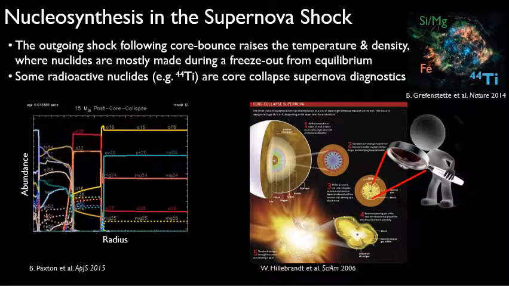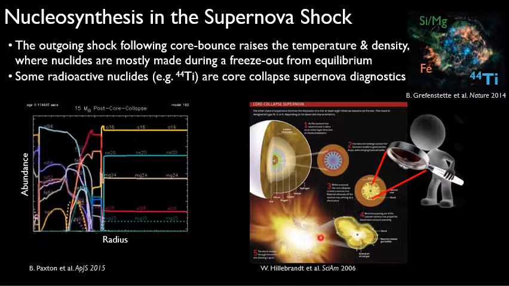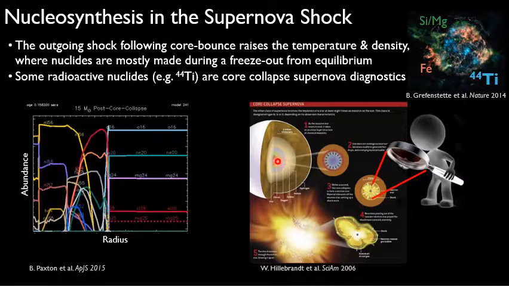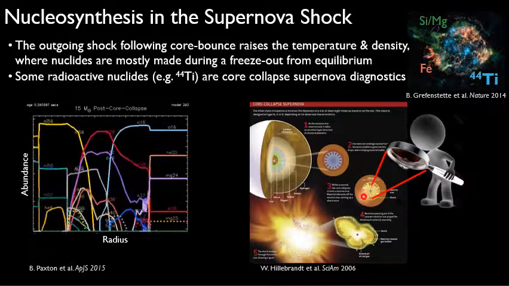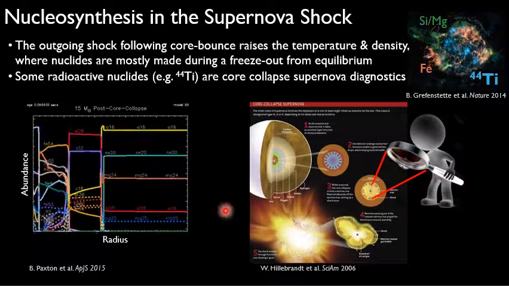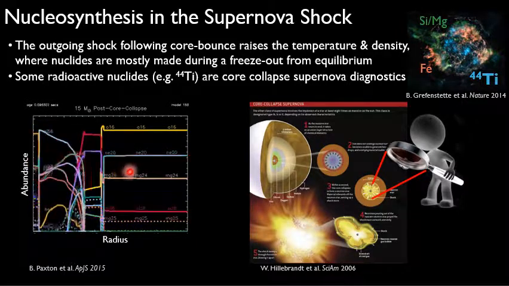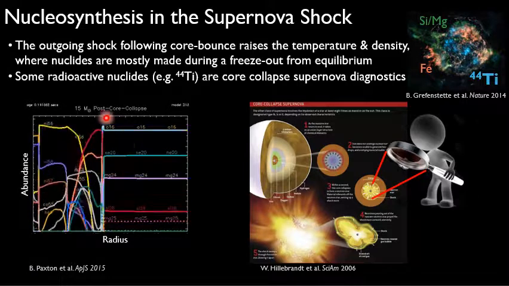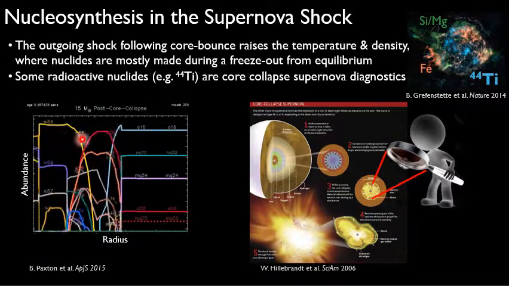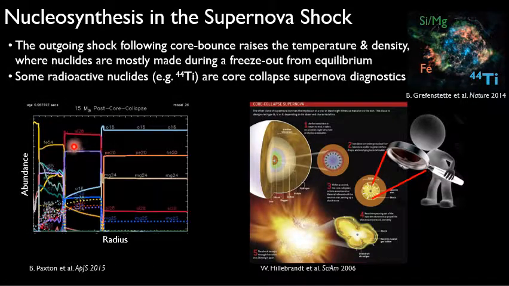So just briefly, what kind of element formation can we have? When this shock wave propagates outward from the collapsing core, you have your onion structure, the core collapses, the shock wave propagates outward, and as it moves outward in radius, you can generate a whole bunch of nuclear reactions, and we can see how the isotopes that exist in the star before the explosion are completely transformed.